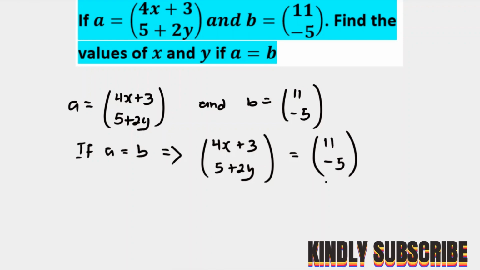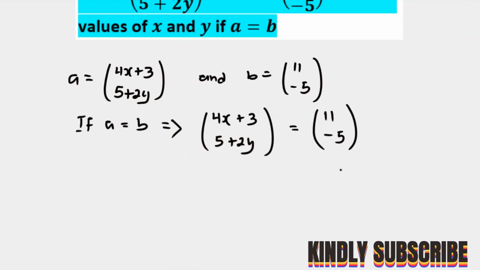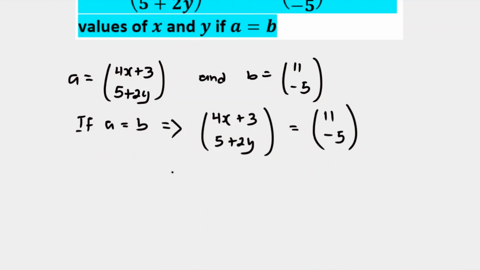So this vector is equal to this vector. Now, we said that when vectors are equal, then their corresponding components are also equal. So this implies that this one and that one are equal because they correspond.